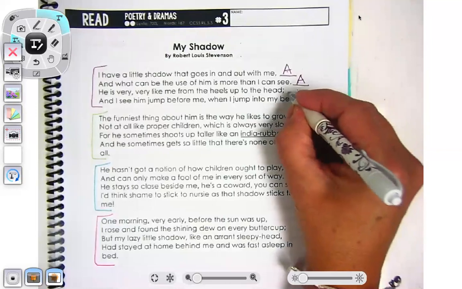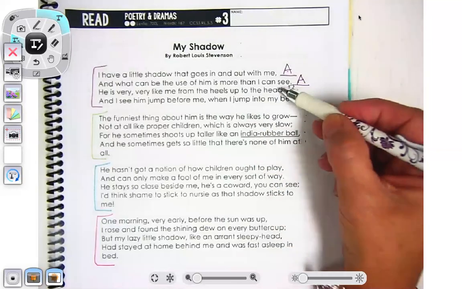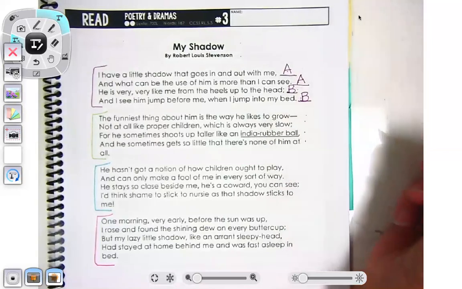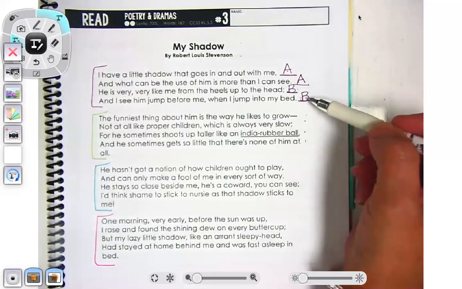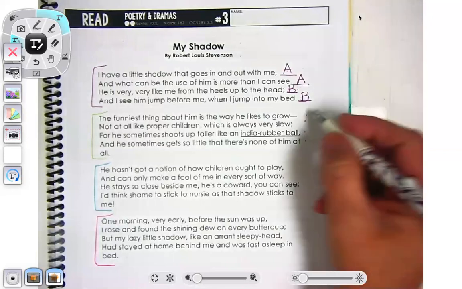Head is different, so we're going to call it B. Head, bed rhyme, so they're a pair and they go together, so they're called B's. So we have an A, B, B rhyming scheme. Let's move down to the next stanza and see if it follows the same pattern.